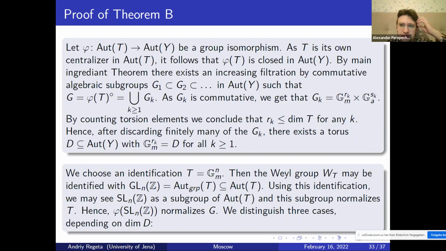But I don't understand what it means here to normalize, because it acts on the torus essentially. Yes, it acts on the torus, so it normalizes the torus. I mean, it's more or less by definition, right? If it acts on the torus, it means it normalizes the torus. It's just a tautology. Okay, thank you.